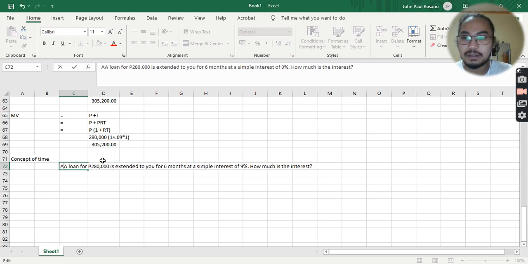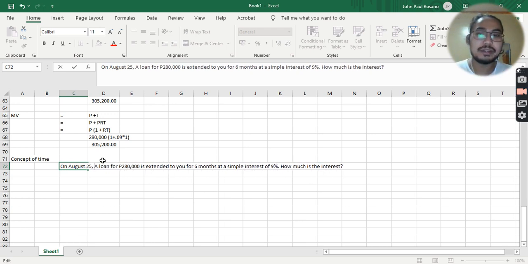On August 25, a loan for 200,000 is extended to you for 6 months at a simple interest rate. So, when is the maturity date? That is the question.